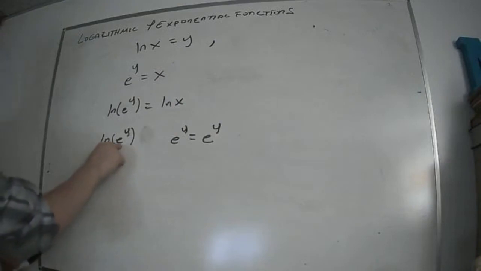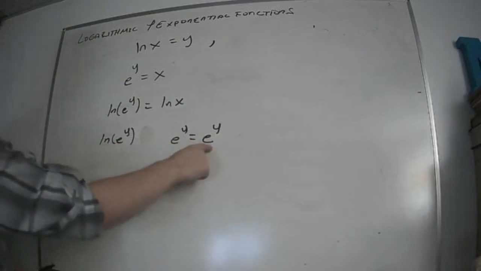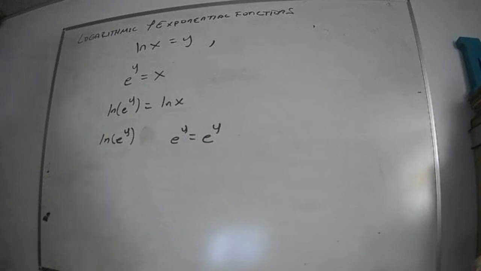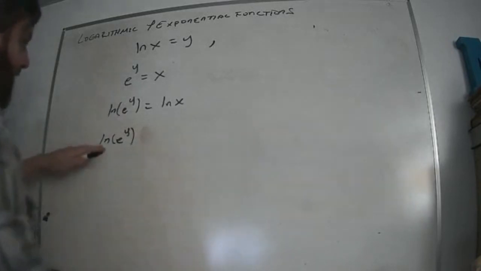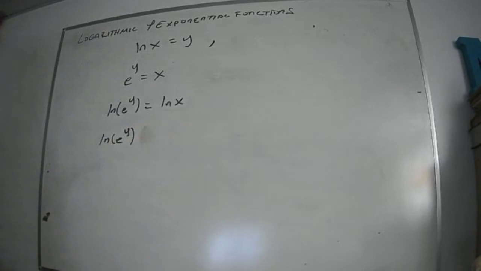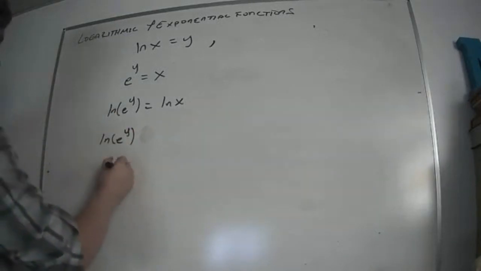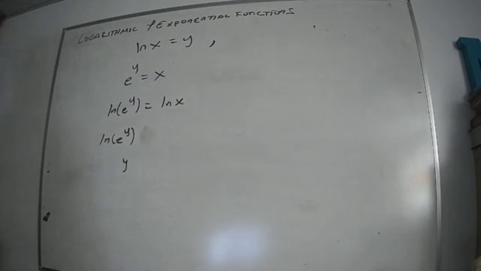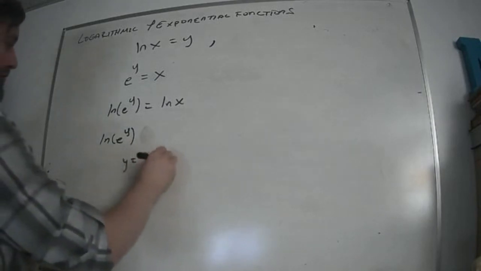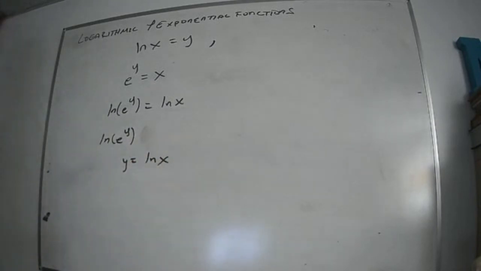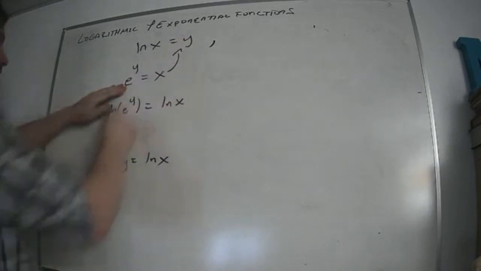This is x. So I substitute e to the y in for x, and I get e to the y equals e to the y. Okay, that makes sense. Because what it means is a logarithm and exponential are inverse functions. It's the same as multiplying something and then dividing it by the same thing. So ln of e to the y is just y. And that's how you travel from here to here.